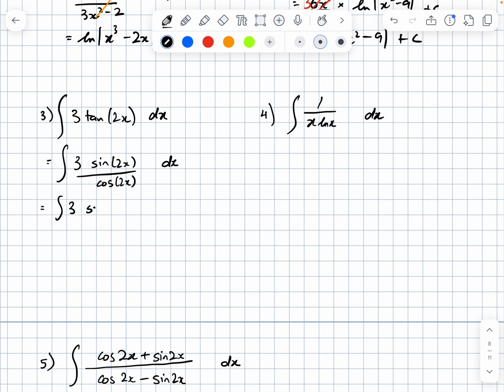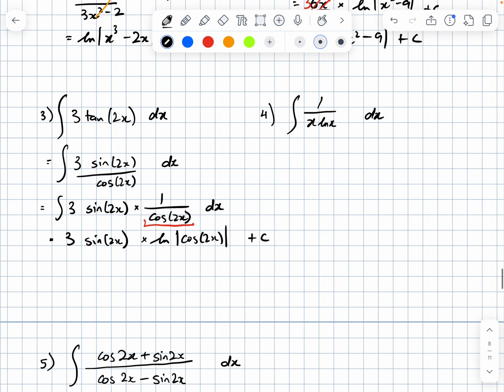Rewrite that 3 sine 2x to the side, times by 1 over cos 2x dx, and then I'm just going to integrate that fraction. Leaving the first bit by itself, 3 sine 2x, integrating that, we get times ln of cos 2x plus c, and then we've got to divide by the derivative of the bracket.